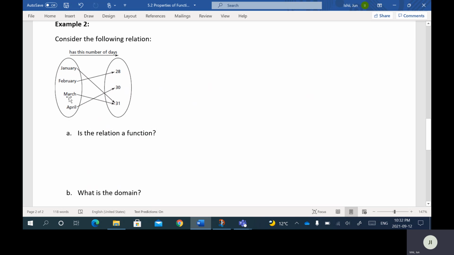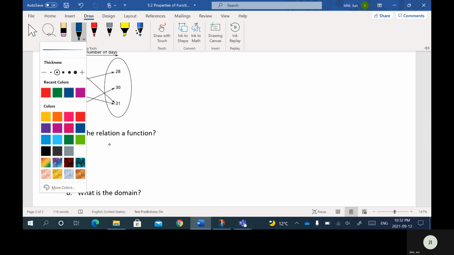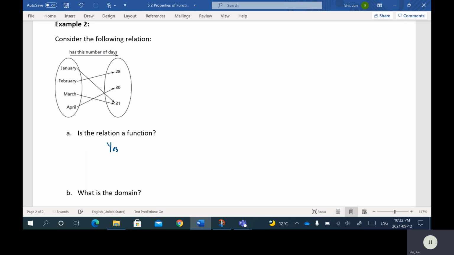So you'll notice that each one of these months only gets mapped to one number. Even though January and March both get mapped to 31, that's okay. It's just that March doesn't go to 2 different numbers, or January doesn't go to 2 numbers. So each one of these months goes to one number themselves. So that means that, yes, it is a function.